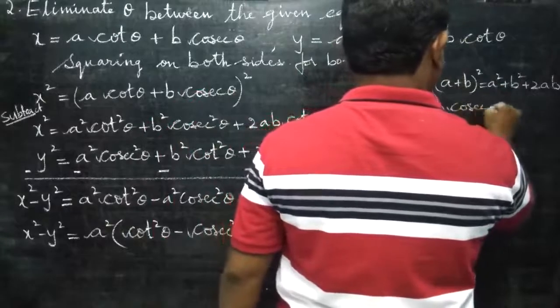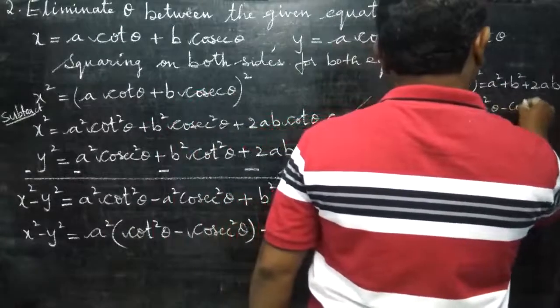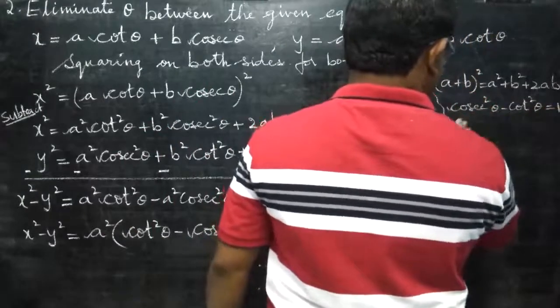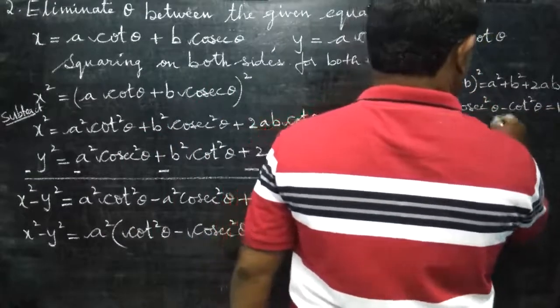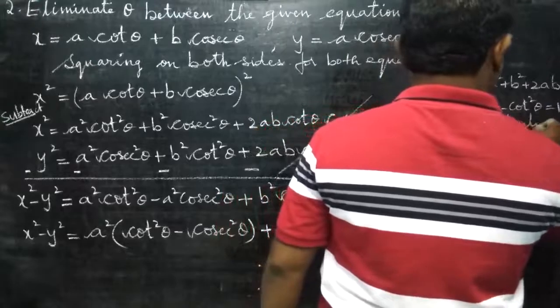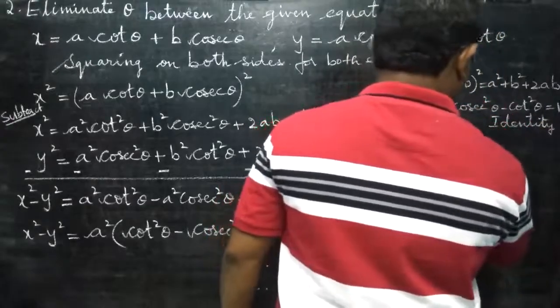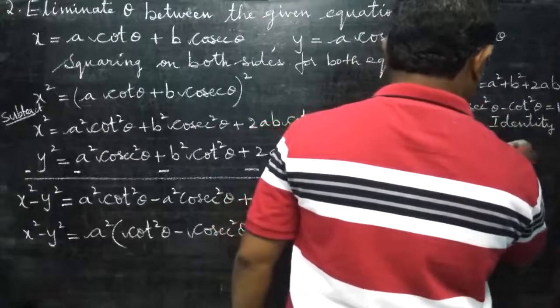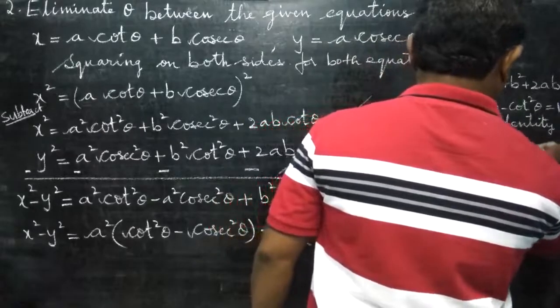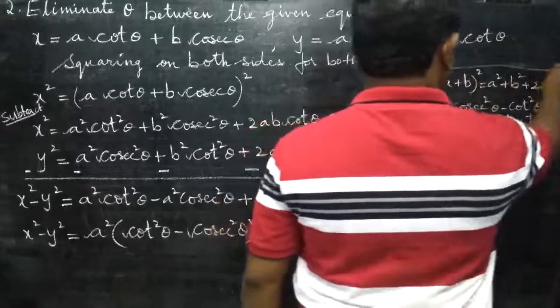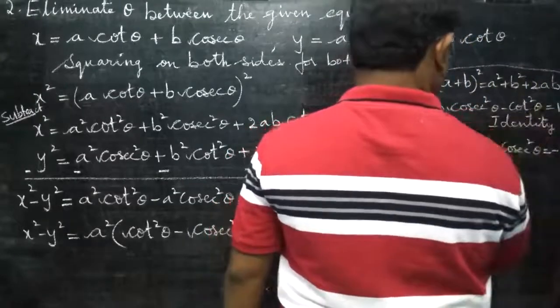Cosec square theta minus cot square theta is equal to 1. This is the identity. But what I am writing now is not an identity: cot square theta minus cosec square theta is equal to minus 1. Only the first one is the identity.